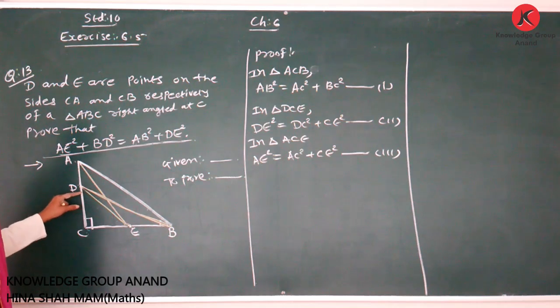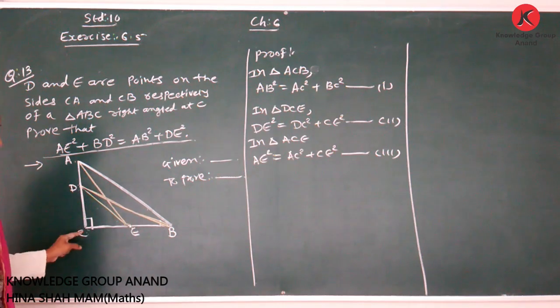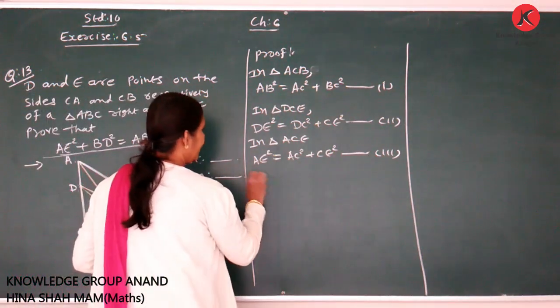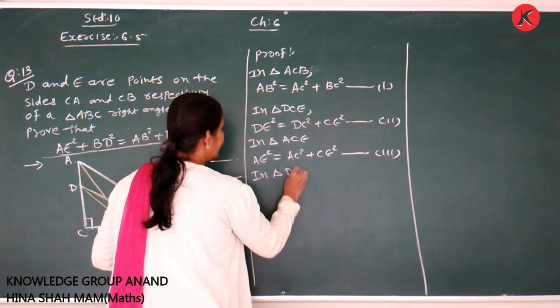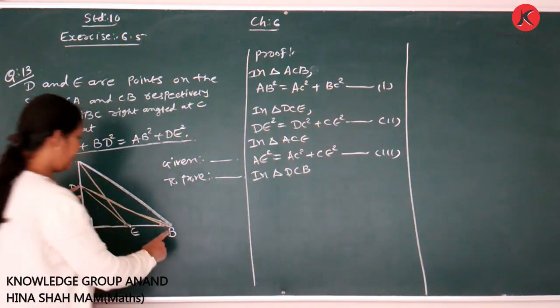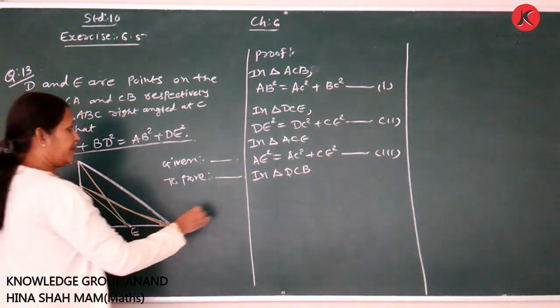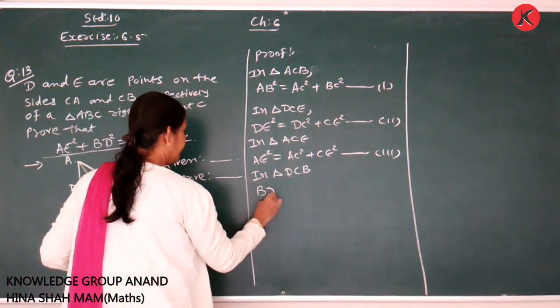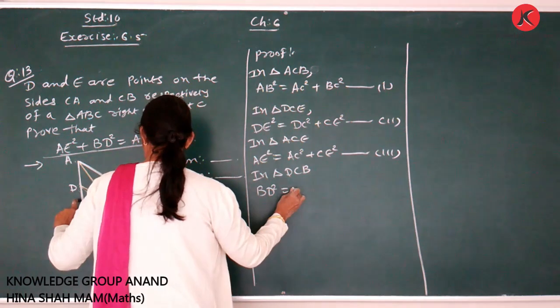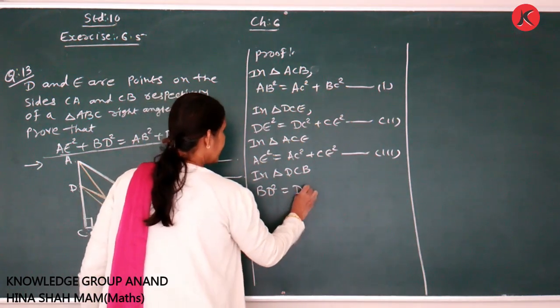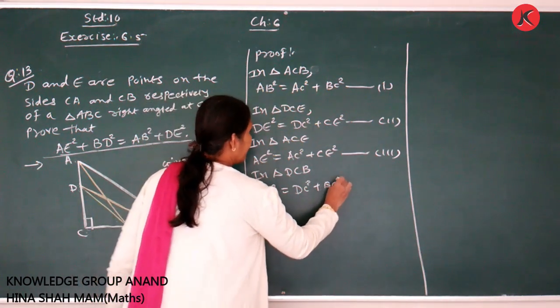And BD in triangle DCB, what is Pythagoras rule? BD square is equal to DC square plus BC square.